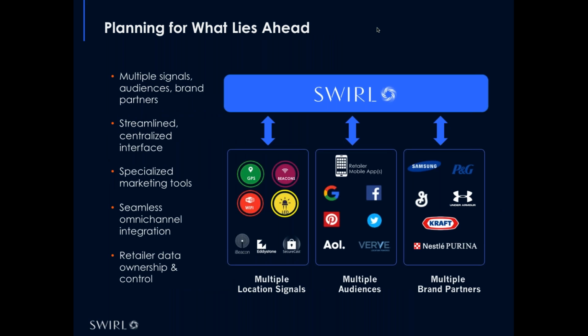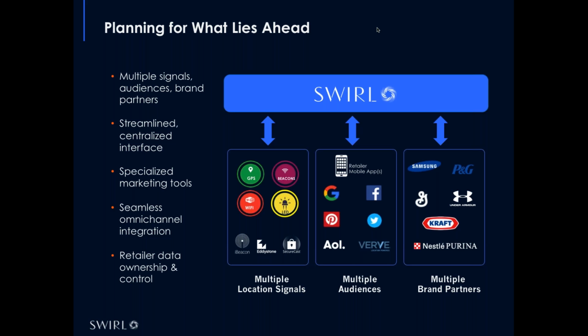The other thing that a platform like Swirl adds and provides is the capability to have the retailer be ready to take on and expand this whole mobile presence capability and location strategy that they might have for the future. As we think about where this industry goes and as retailers think about longer term, there are a whole bunch of other opportunities that they should be thinking about and thinking about how to take advantage of.